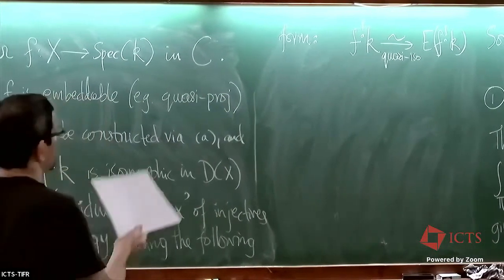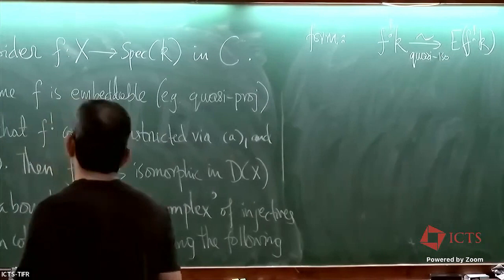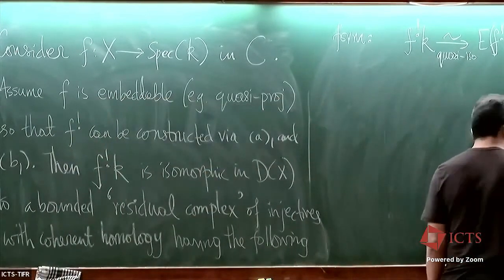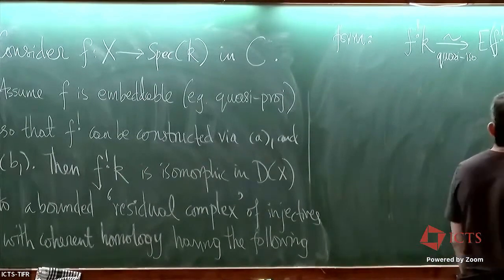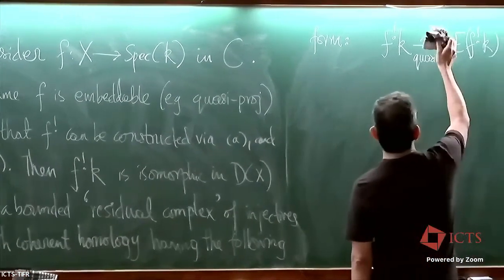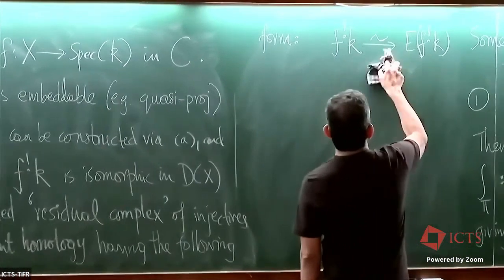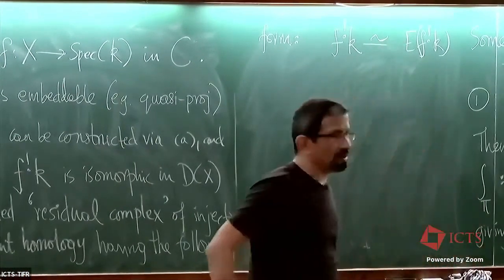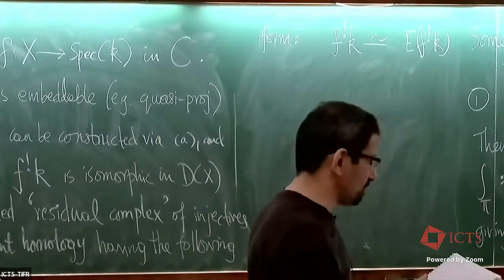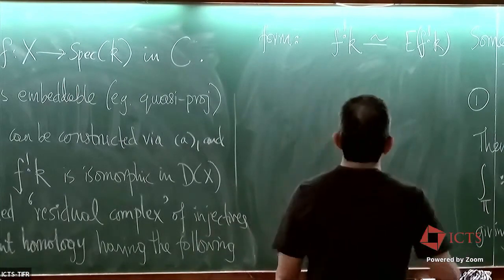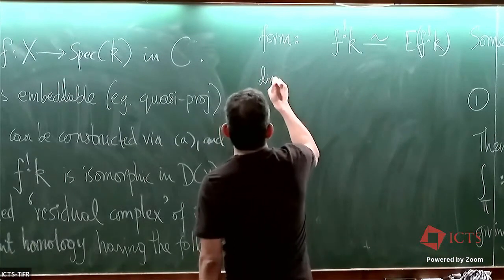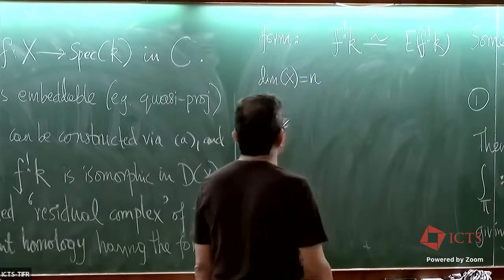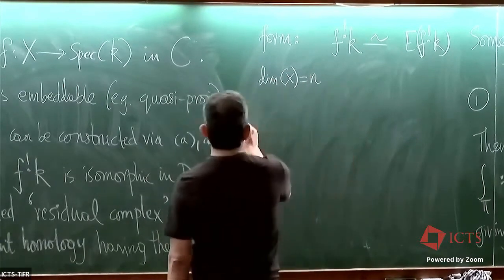So in fact, I think there's an explicit map, or I think I've forgotten now. Is there an on-the-nose map or just a derived category map? That's the residual complex. So here the dimension of X is n. And so what does E_F upper shriek look like?